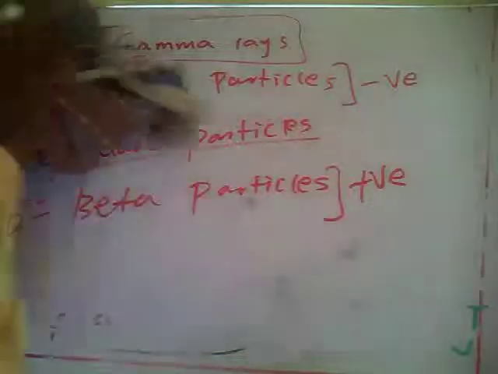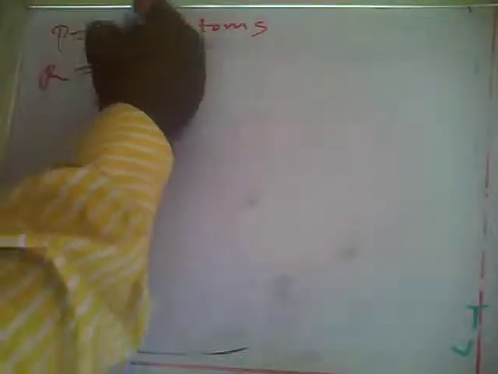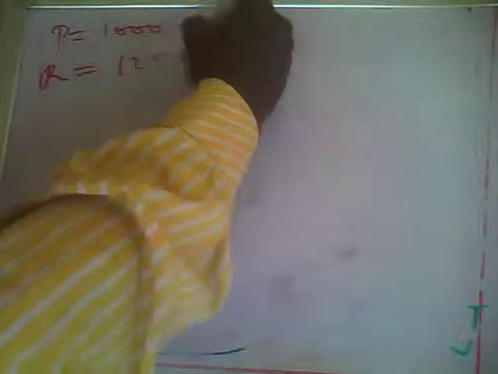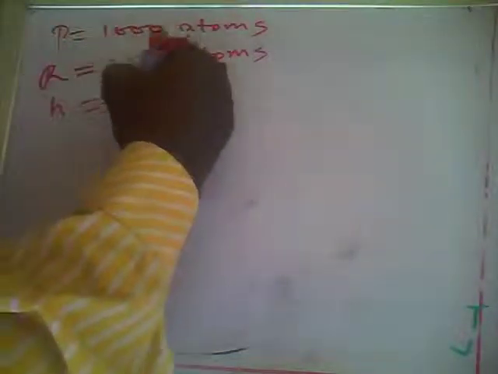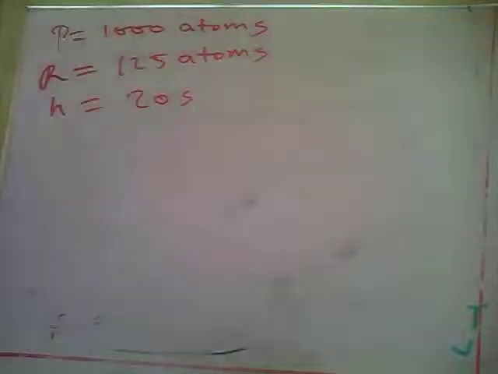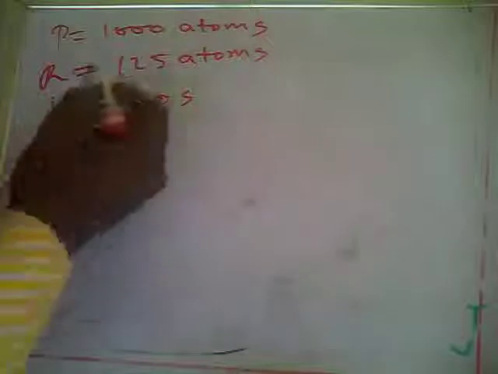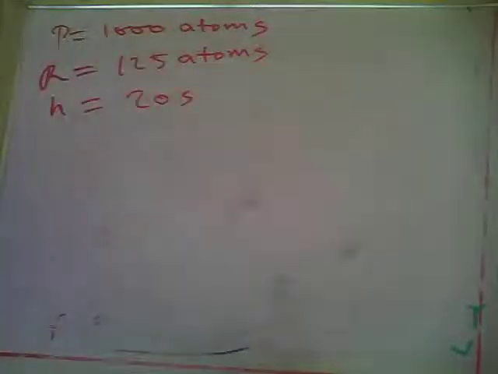Now we have the initial particle to be 1,000 atoms, and the remaining particles to be 125 atoms. The half-life here is 20 seconds. So the question is, what is the time taken for the particles to decay from 1,000 to 125 atoms?